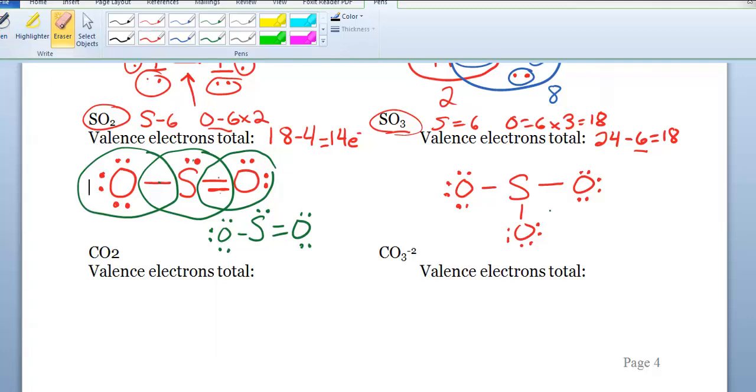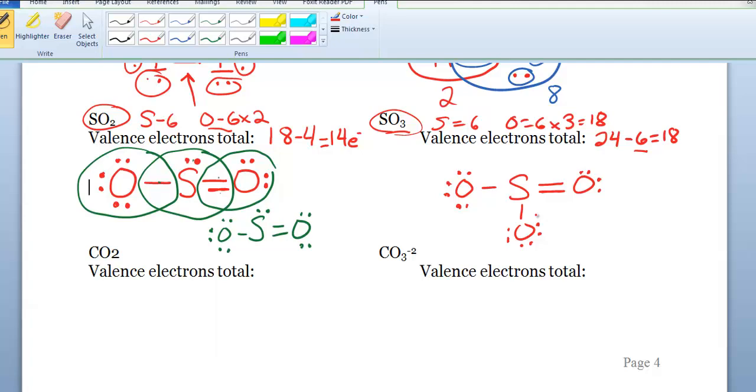So in order to give sulfur in the middle enough electrons, I'm going to take this pair of electrons from that oxygen. And why did I choose that oxygen? No reason. I just chose one of the oxygens. They're all equal to each other. And what I'm going to do is take that pair of electrons that I erased and share that pair to create a double bond in between the sulfur and the oxygen.